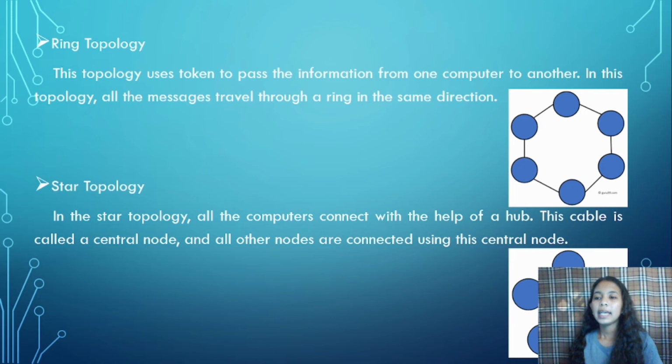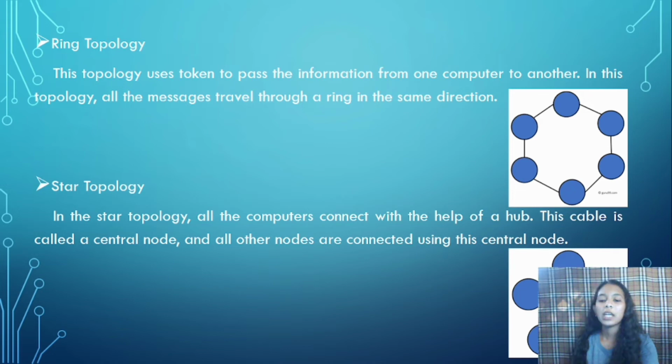So the ring topology is literally a ring topology. This topology uses a token to pass information from one computer to another. In this topology, all the messages travel through a ring at the same time.